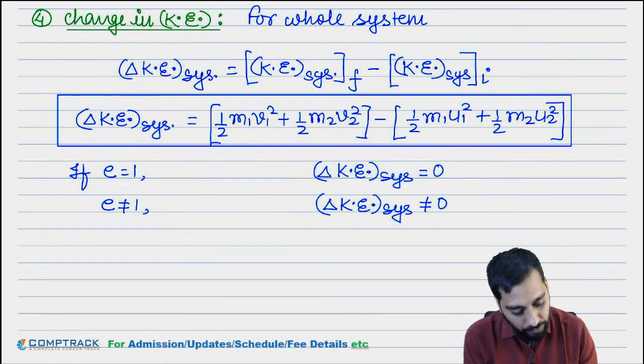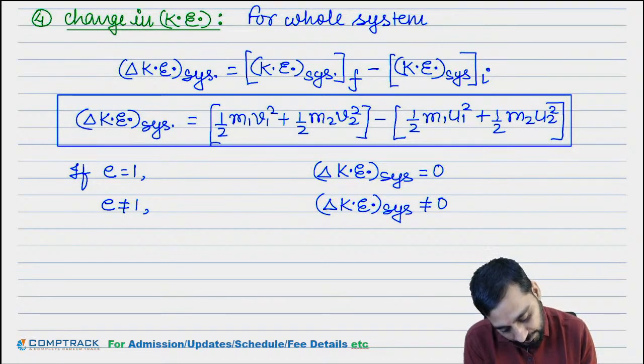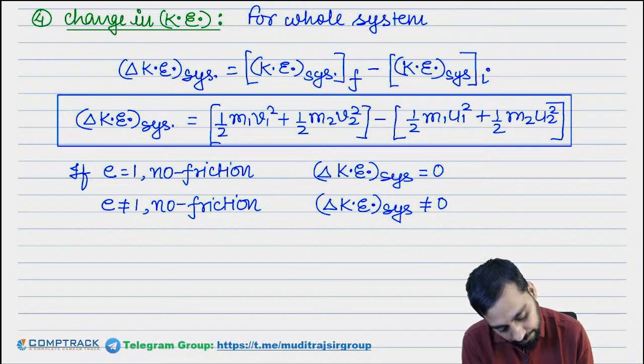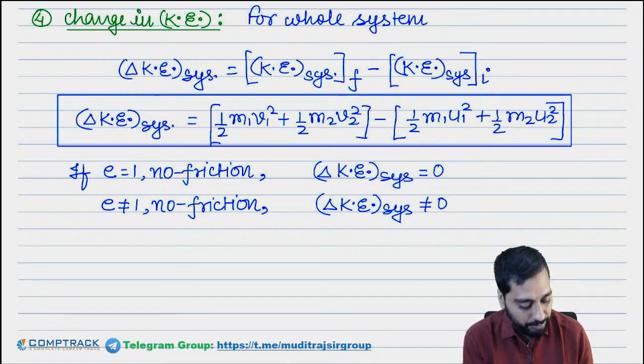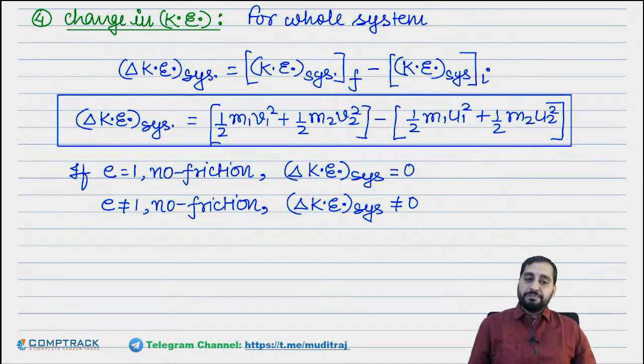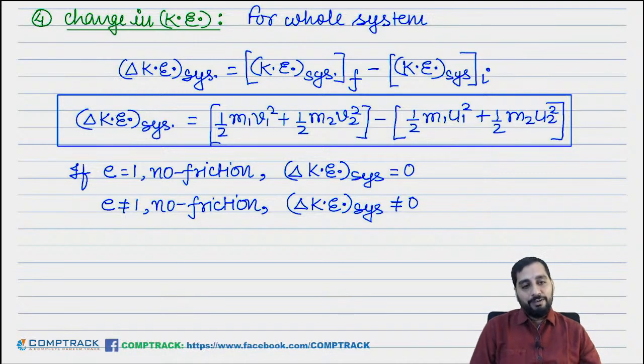So e equal to 1 and no friction, nothing else. Even if there is no air friction, your kinetic energy will not be conserved, because deformation can be there, bodies are elastic. Generally we don't consider friction here in case of impact and collision. Everyone clear up to this?